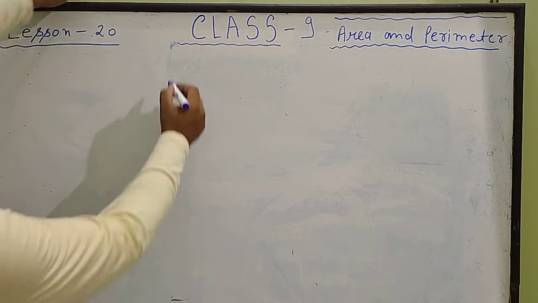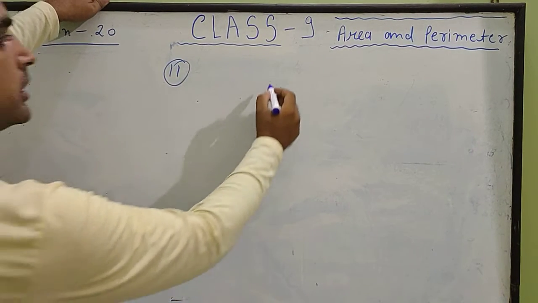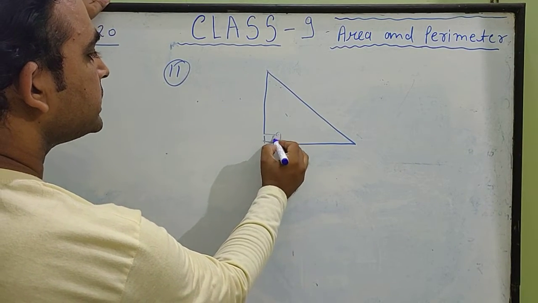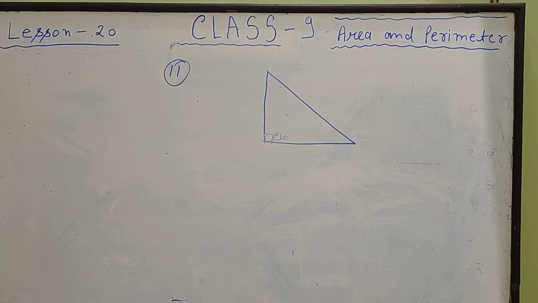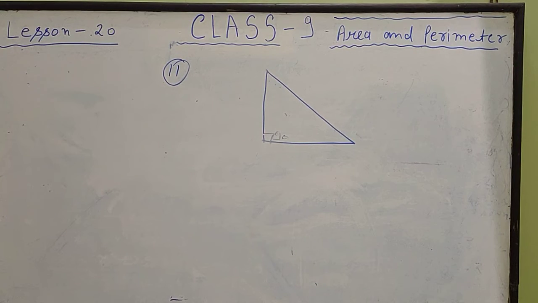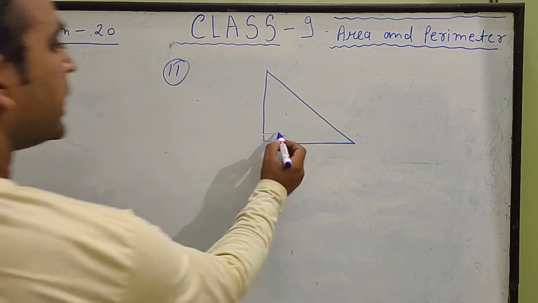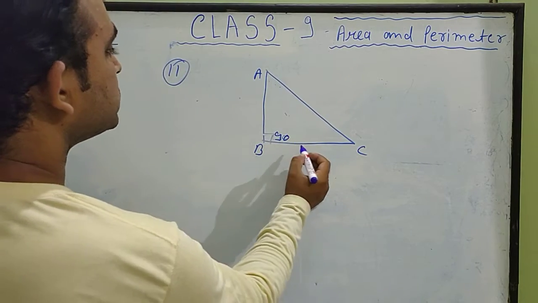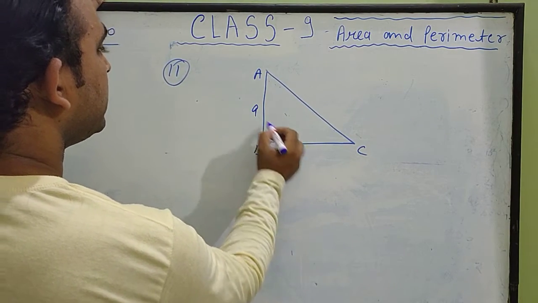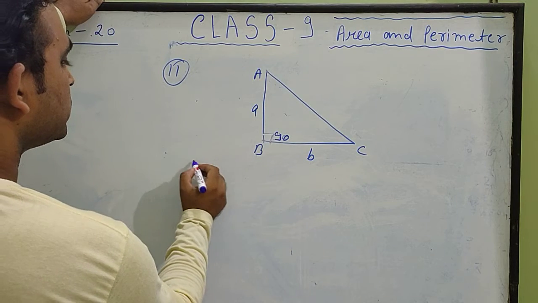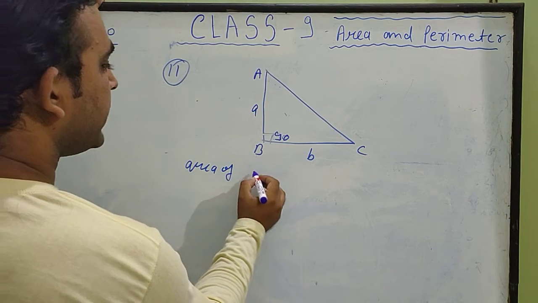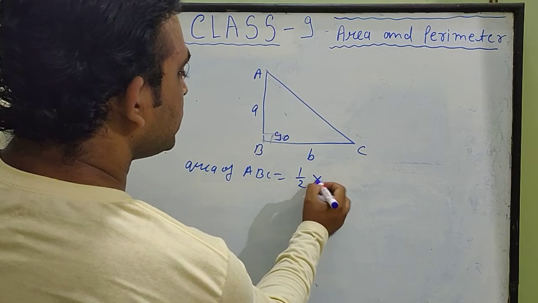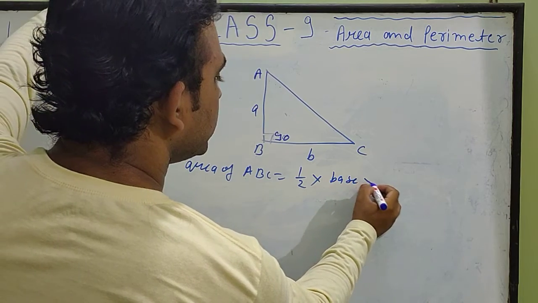Okay, second case. Suppose the triangle given is a right angle triangle. Right angle triangle means one angle is 90 degrees. Understand? So it is the right angle triangle ABC. Suppose this is A, this is B. Okay, so the area of right angle triangle ABC is equal to 1 by 2 base into height.